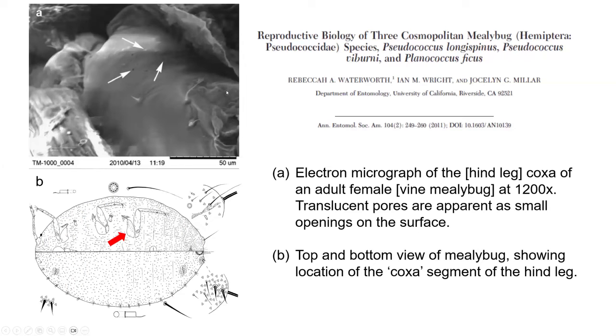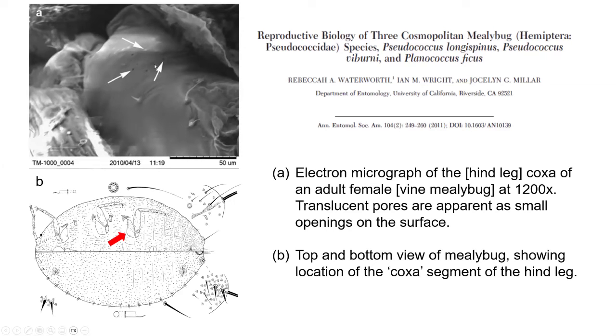So it is the female mealybug that's putting out the pheromone. Work out of Riverside in Jocelyn Millar's lab showed where it's from. This is an upside down drawing of a mealybug. This is the hind coxa. On the immature, you don't see these pores.